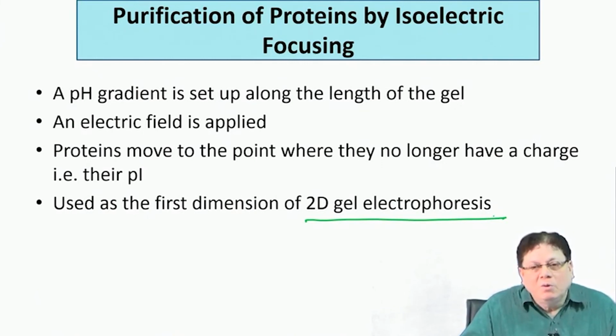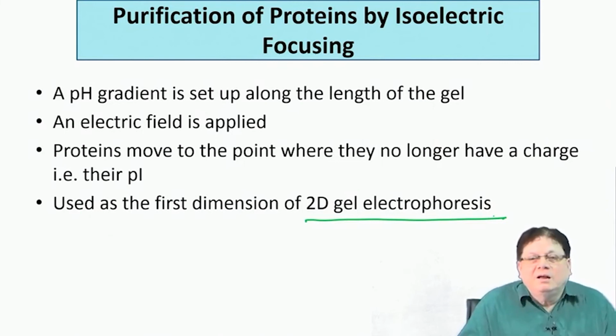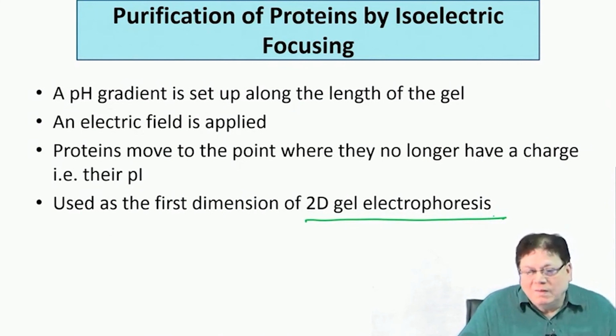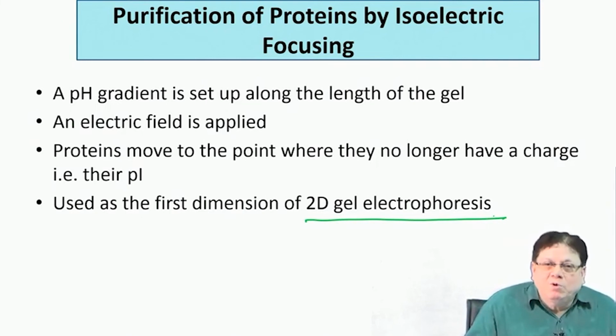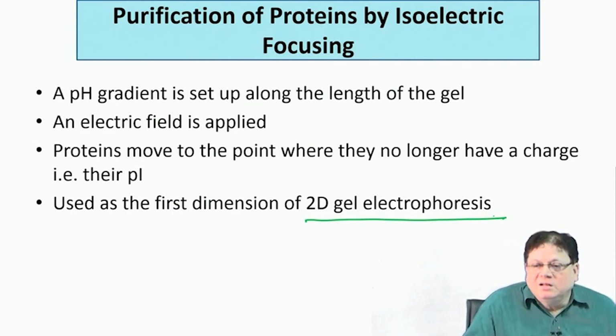If we do not know how many proteins there are in an organism, it is very difficult. But after the Human Genome Project, when we know the entire genome, we are more or less certain that about 30,000 proteins are there in the human body.